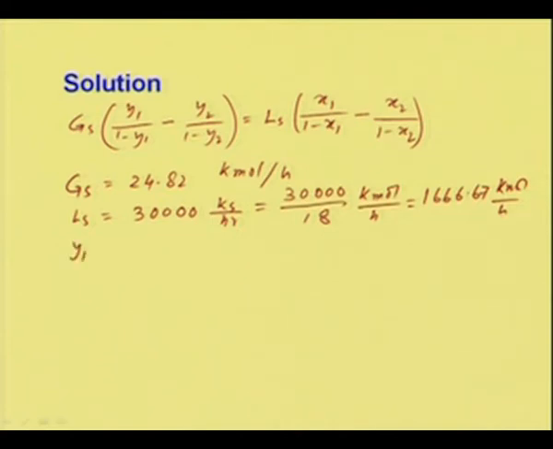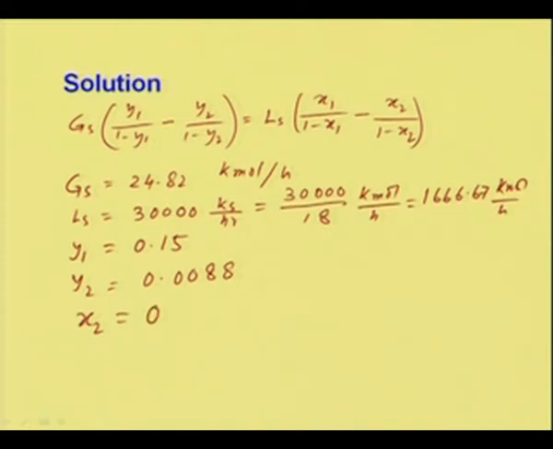Y1 is given, which is 0.15, Y2 we have calculated as 0.0088, and pure water is used to absorb SO2, so x2 is 0.